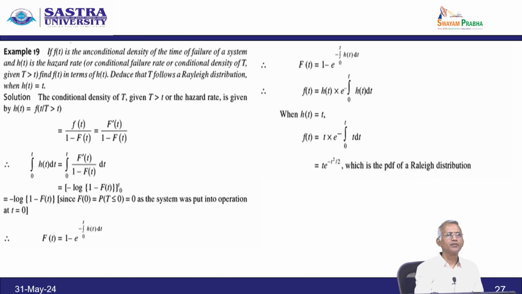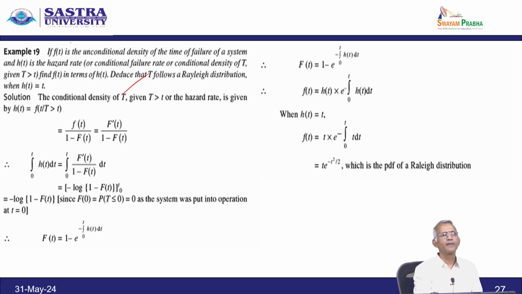Now, next example: if f(t) is the unconditional density of the time of failure of a system, and h(t) is the hazard rate or conditional failure rate, find f(t) in terms of h(t), and deduce that t follows a Rayleigh distribution when h(t) = t.